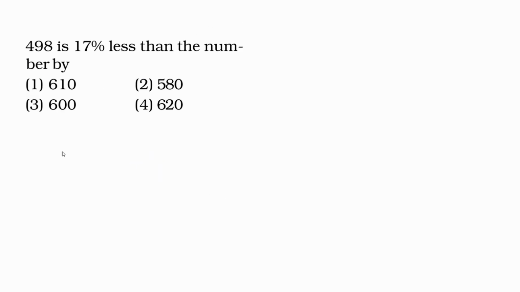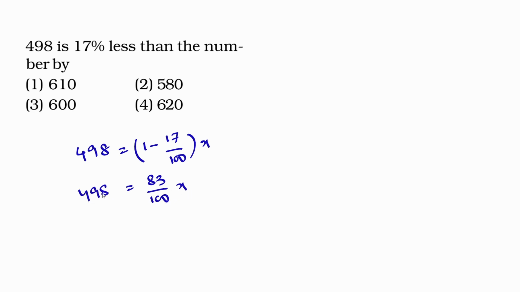498 is 17% less than the number by. The grammar seems off with the question here, but I'm going to infer that 498 is 1 minus 17 by 100 of what? So that is 83 by 100 times x equals 498.